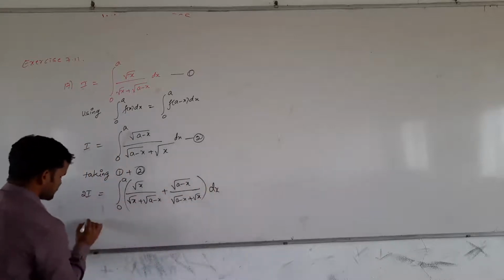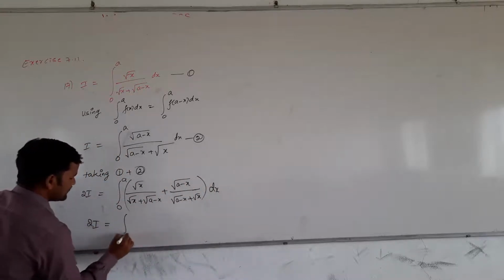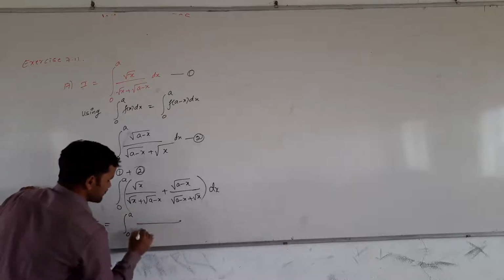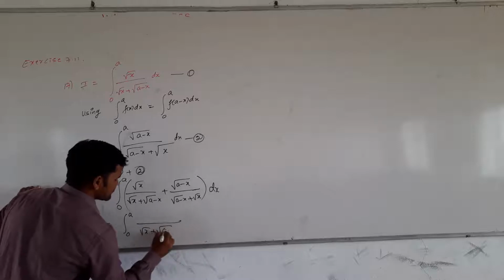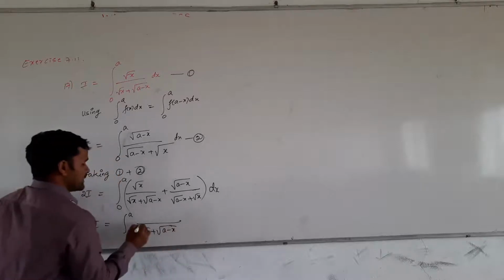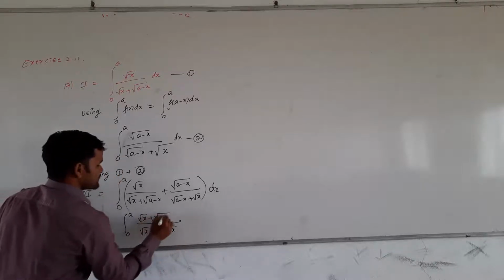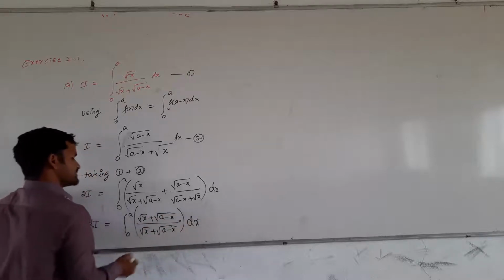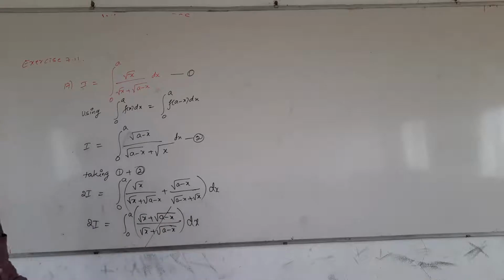The integral is with respect to x. So 2I is equal to the integral from 0 to a, where the denominator is square root of x plus square root of a minus x, and the numerator is square root of x plus square root of a minus x. The whole integral is with respect to x. These two get cancelled out.